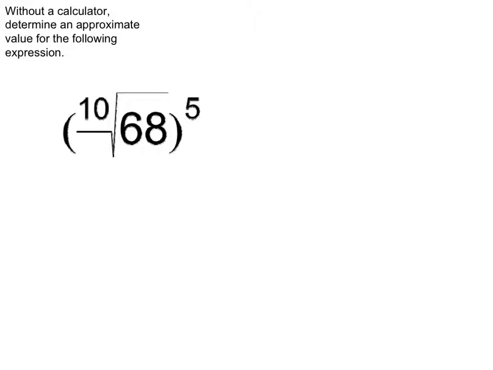I look here at my radical expression and I see 5 as an exponent and 10 as an index. That means that I can rewrite this expression as 68 to some power, that power being a fraction. My exponent of 5 becomes my numerator, and my index of 10 becomes my denominator.